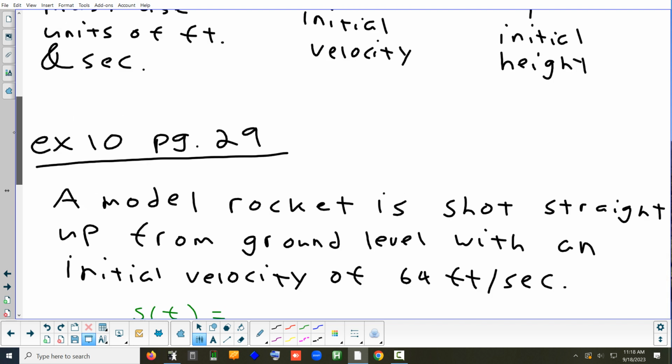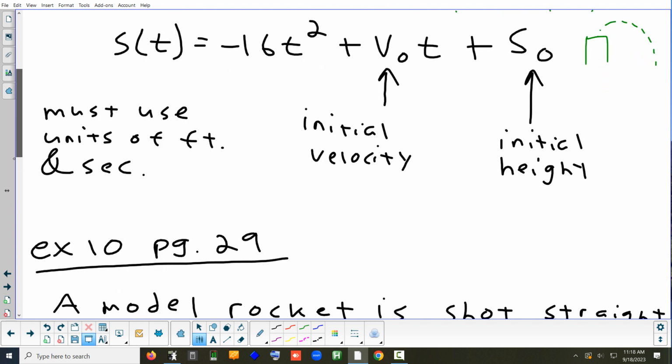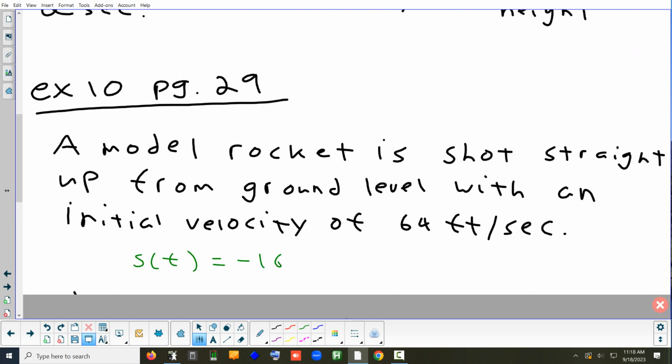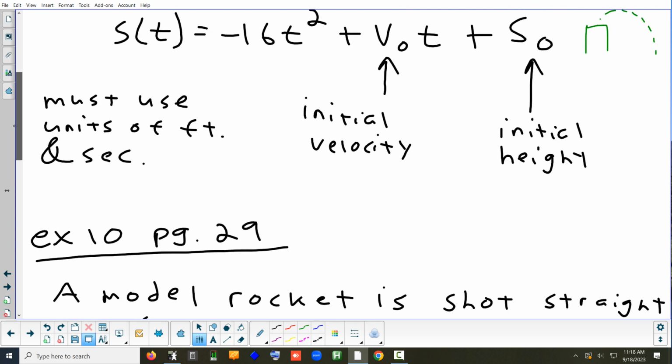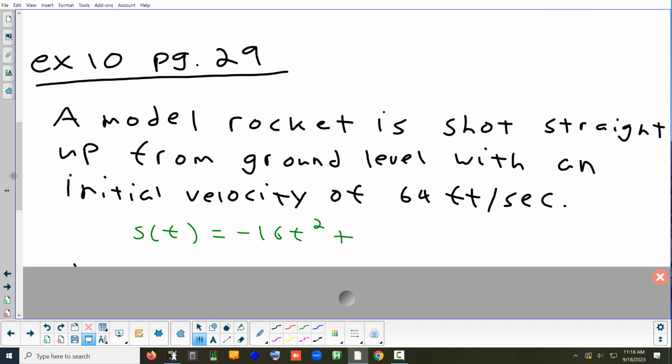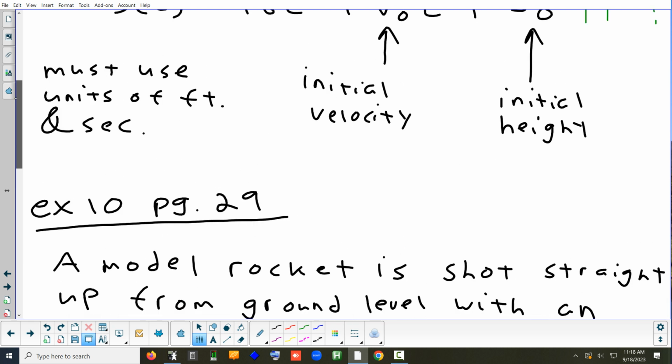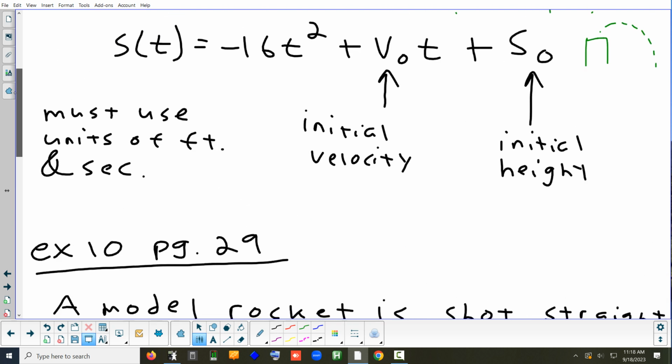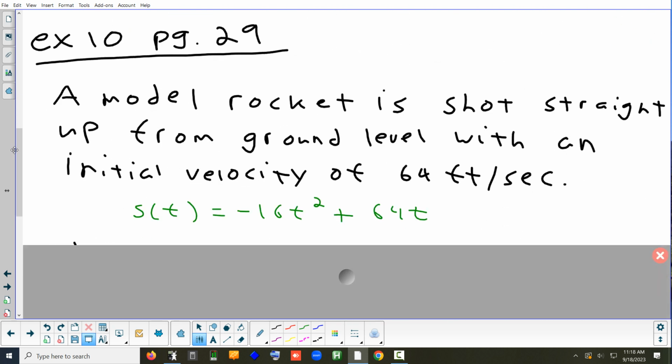So the height equals negative 16t squared plus v sub 0 t, so my initial velocity times time, plus my initial height, but I don't need it this time because it's 0. So this equation is very similar to the one we just solved.